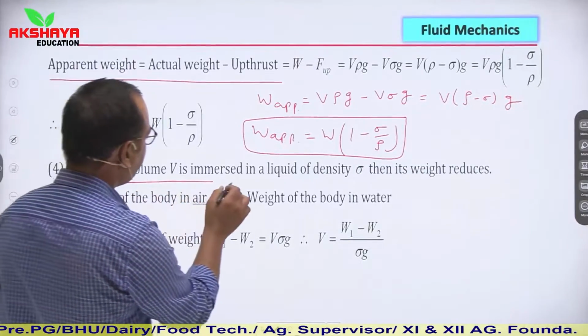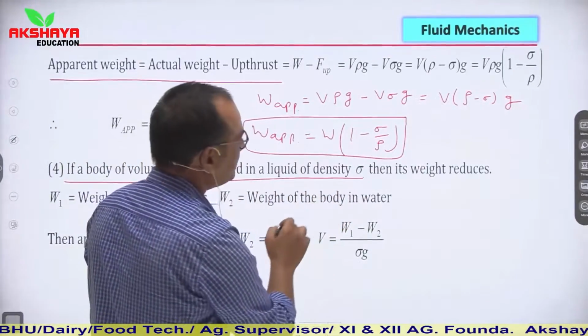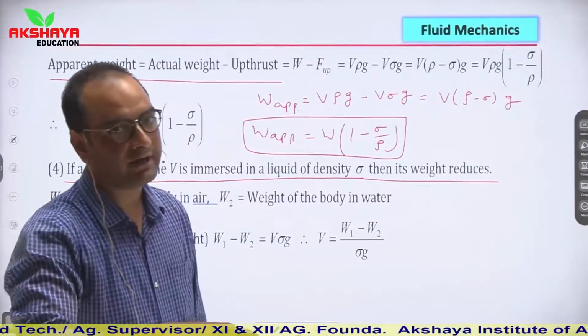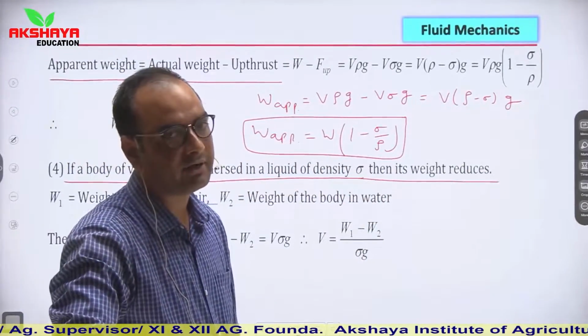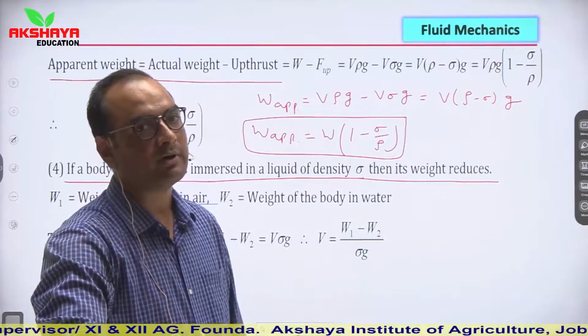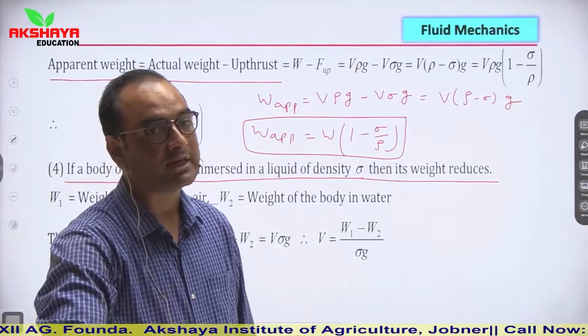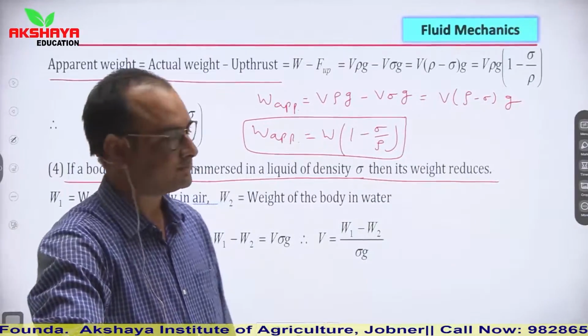If a body of volume V is immersed in a liquid of density sigma, then its weight reduces. So always keep in mind that whenever a body is immersed in a liquid, its weight becomes lighter, or it feels a weight lighter than the actual one.